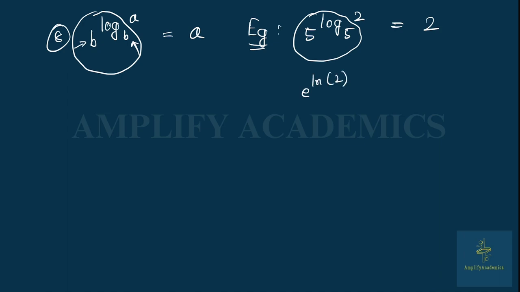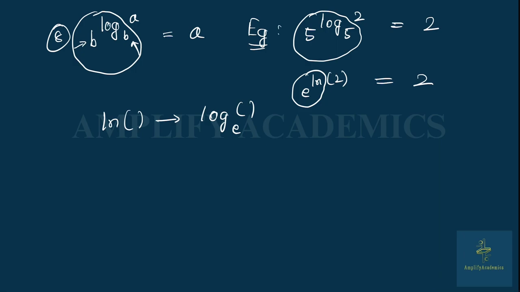Now in this case, ln has a base of e, because ln is basically log base e. Since the base are the same, this entire thing goes away and you have 2 in the end. So that's how it works.